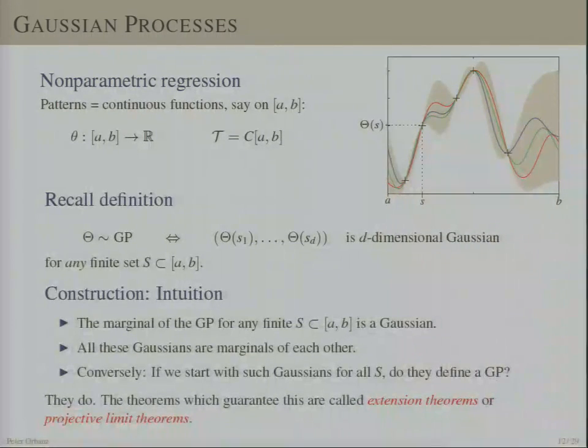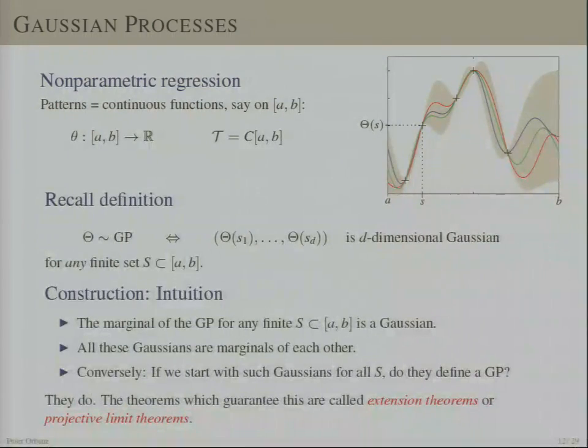For probability measures, that's not really very helpful because they are functions on sets, right? So this random function is a function on points, but the probability measure is a function on sets. Or put differently, for a continuous probability measure, if you put it in a single point, the probability is always 0, for a Gaussian say. So that's not very helpful.